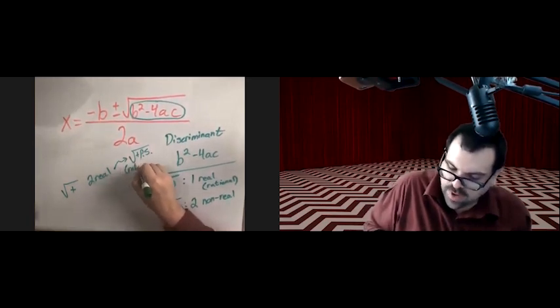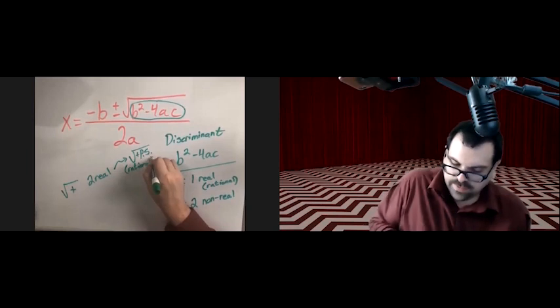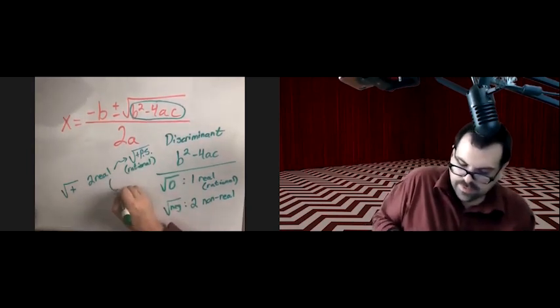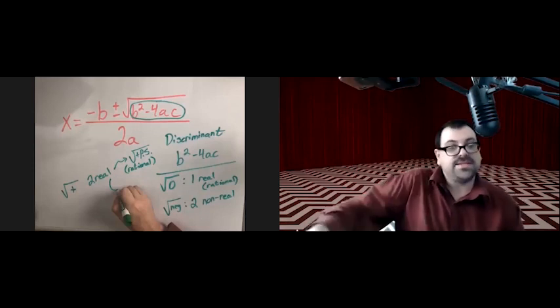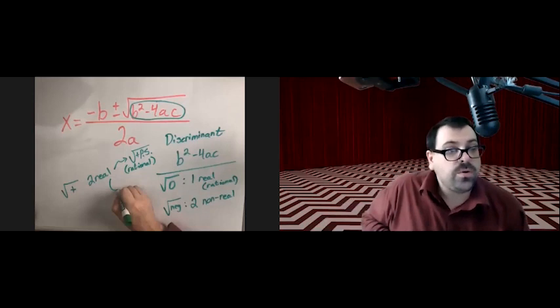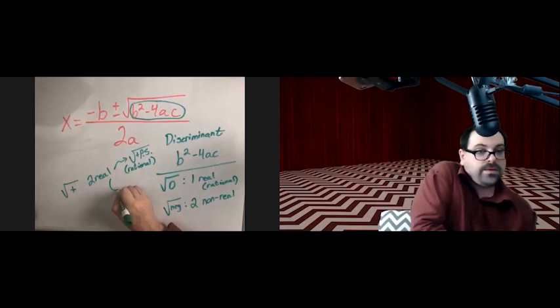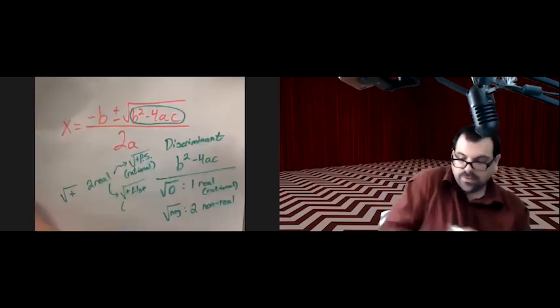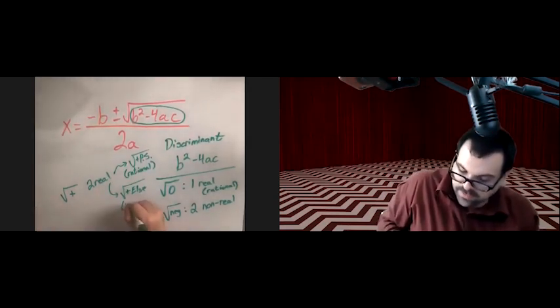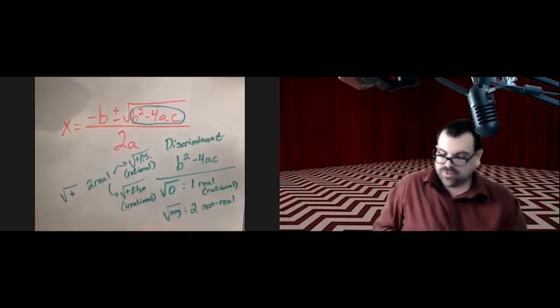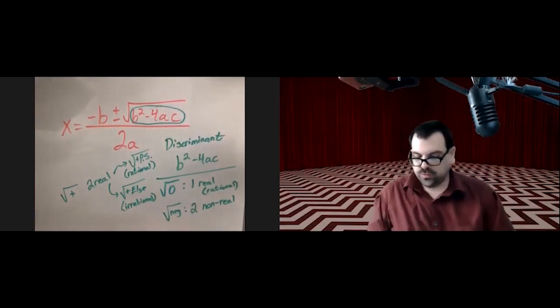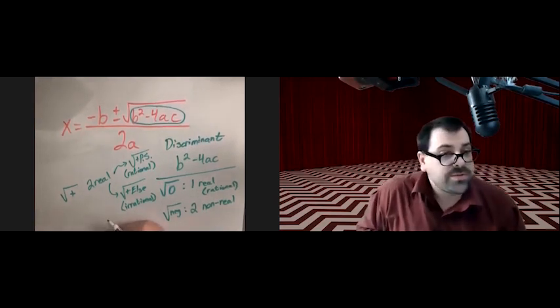That means that they will be rational. And if it's positive and not a perfect square, that means the radical won't go away. And they would be irrational. Two real and irrational numbers.